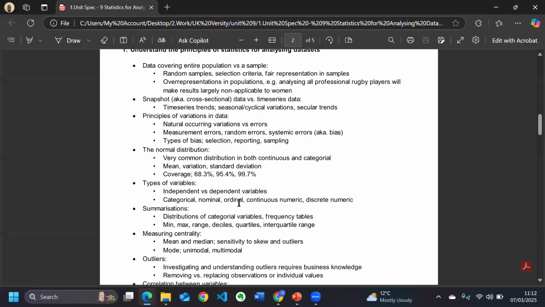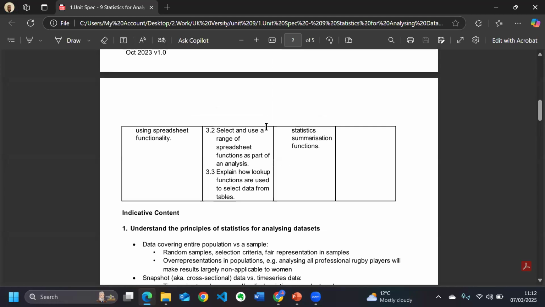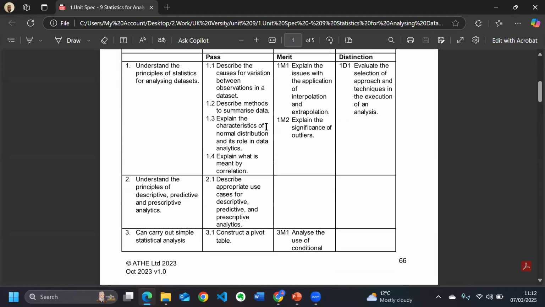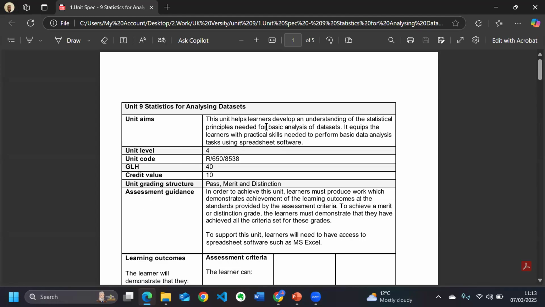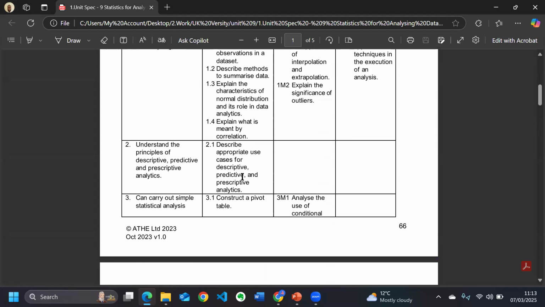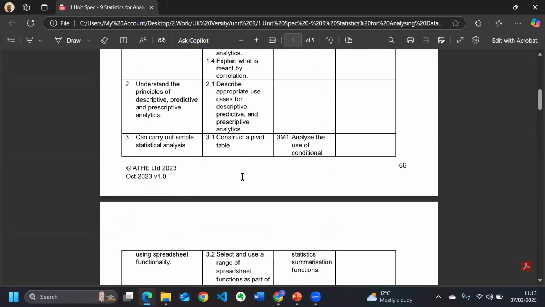We've now come to our learning outcome 2 for Unit 9, Statistics and Analysis Dataset. In learning outcome 2, we're going to understand the principle of descriptive, predictive, and prescriptive analysis.